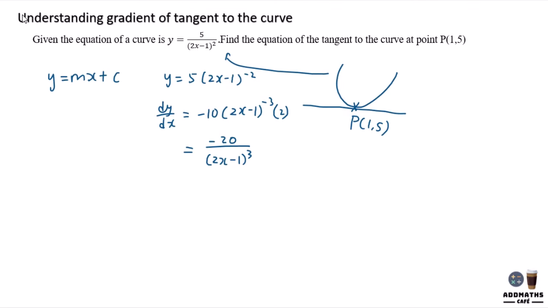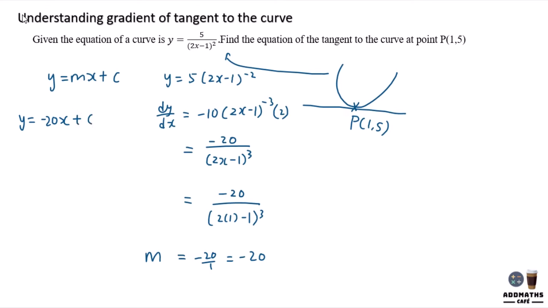Every time you try to find a gradient, you need to know how to differentiate an equation before you start these questions. Substitute the x value to find the gradient. So I will have (2 times 1 minus 1) cubed. 2 minus 1 gives you 1, so 1 cubed gives you 1. So negative 20 divided by 1 gives you negative 20. So this is your gradient.